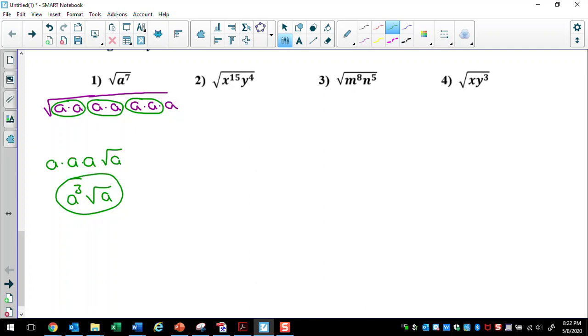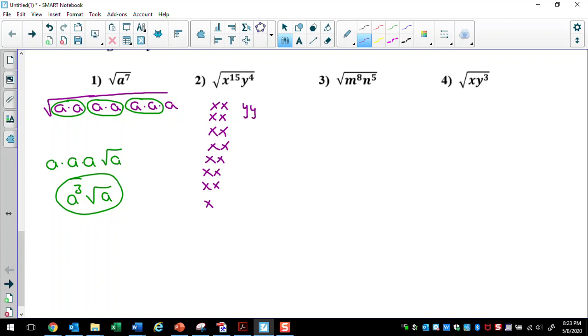All right, let's try this one here. If we were to do the long way, that's 15 x's. Sometimes I like to break it down like this and just make my pairs. X, X, so there's 2, 4, 6, 8, 10, 12, 14, and then 15. And then I've got 4 y's.